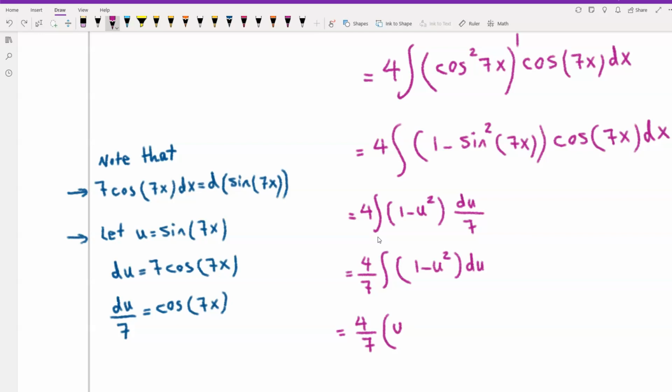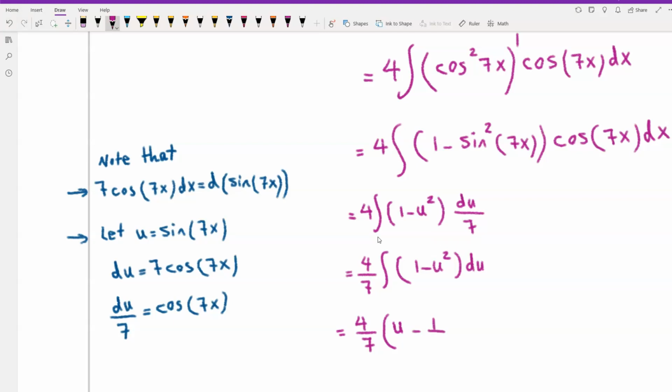So this is u. So this 1 means we have u to the power 0, 0 plus 1, power is 1, and then divided by 1. But instead of writing u divided by 1, here I have u. Then minus, here we have u squared. So adding 1 to our power, we're going to have 2 plus 1. So that is 3. And then divide by the same number.